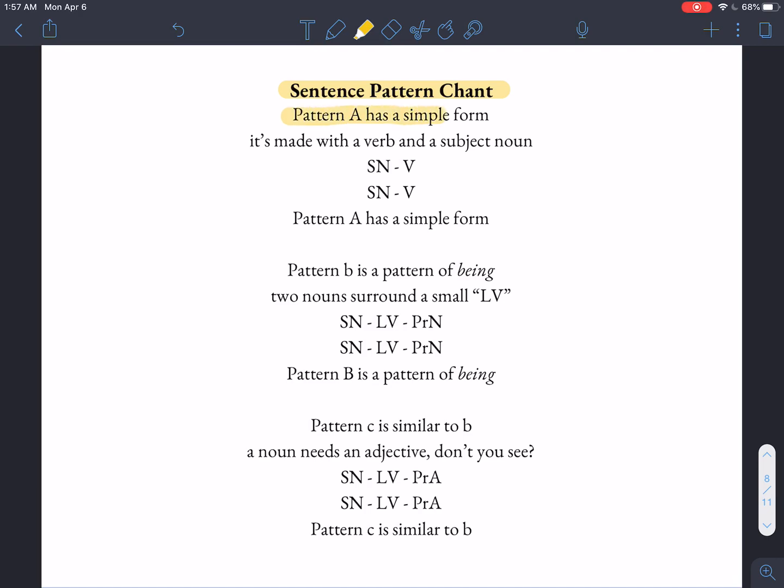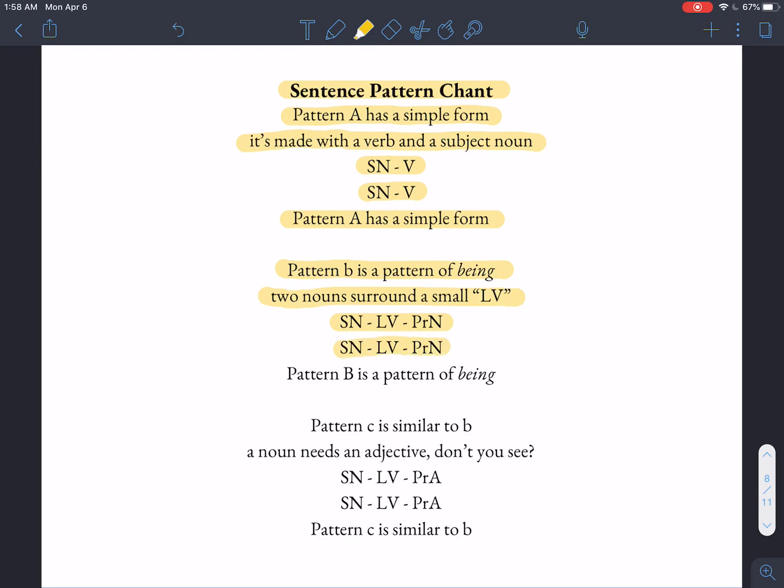Pattern A has a simple form. It's made with a verb and a subject noun. SNV, SNV. Pattern A has a simple form. Pattern B is a pattern of being. 2 nouns surround a small LV. SNLV, PRN.